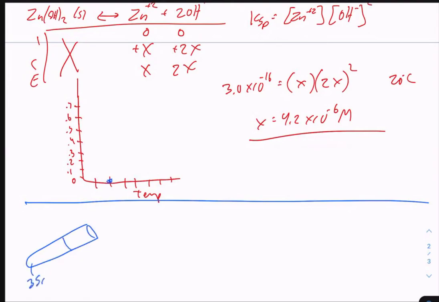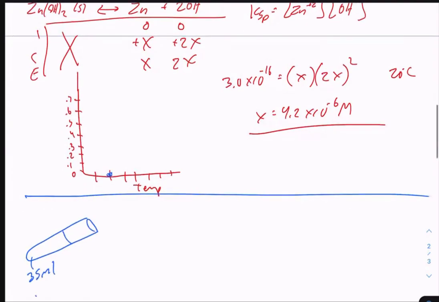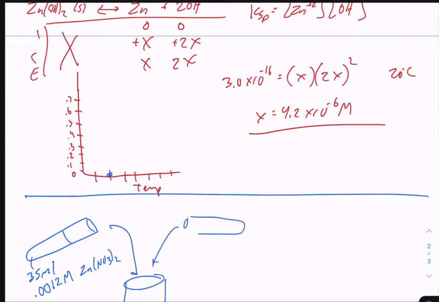There's 35 milliliters of 0.0012 molar zinc nitrate, and this is going to be mixed with 35 milliliters of 0.004 molar sodium hydroxide.